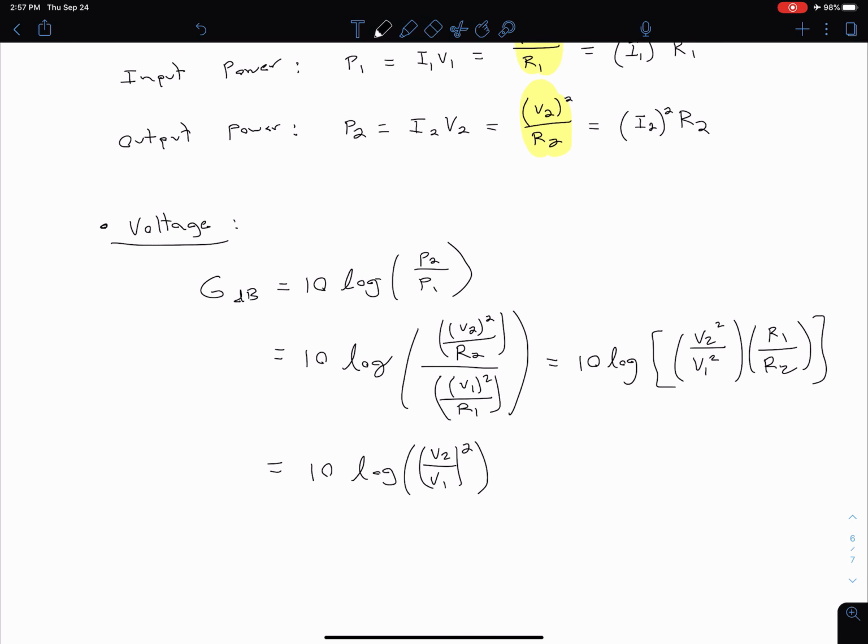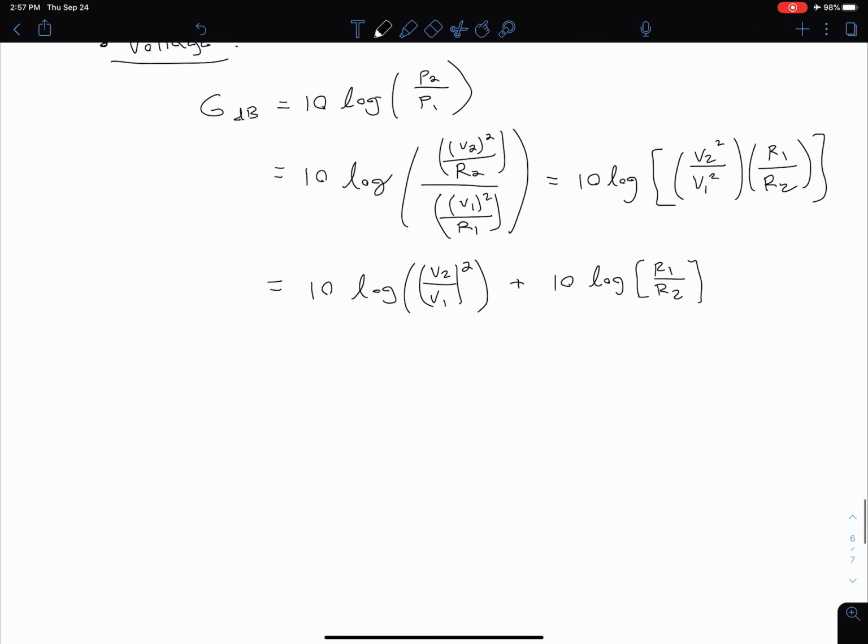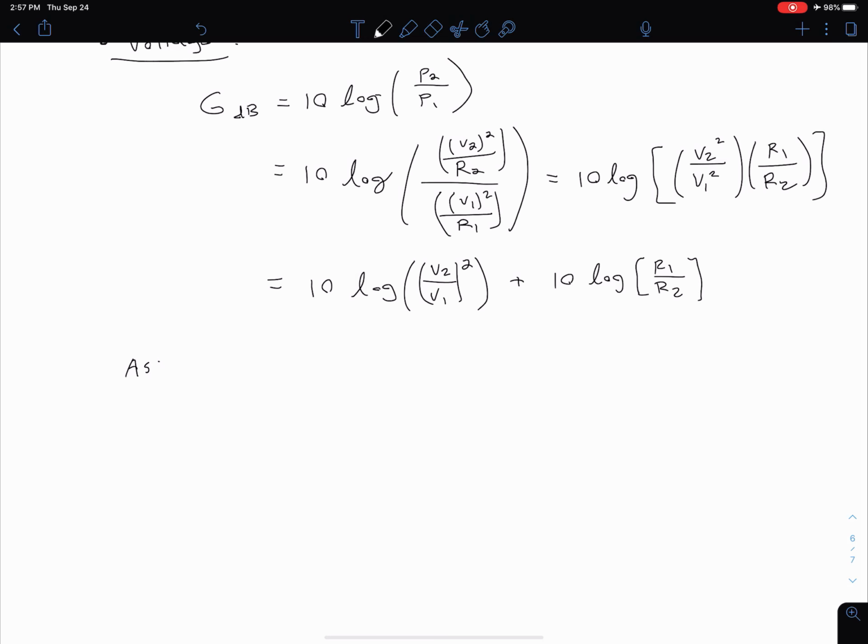And then from log properties, if we have log of A times B, we can say that's log of A plus log of B. So let's just add that. So we have 10 times log base 10 of R1 over R2.